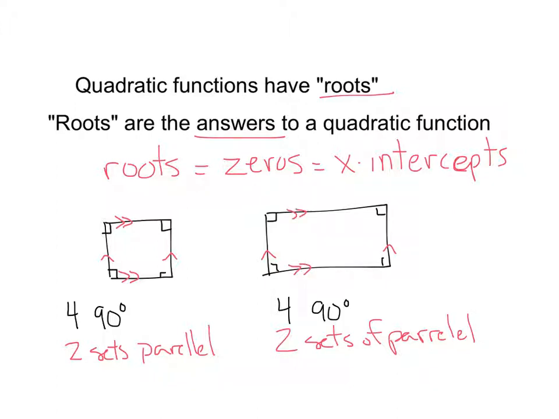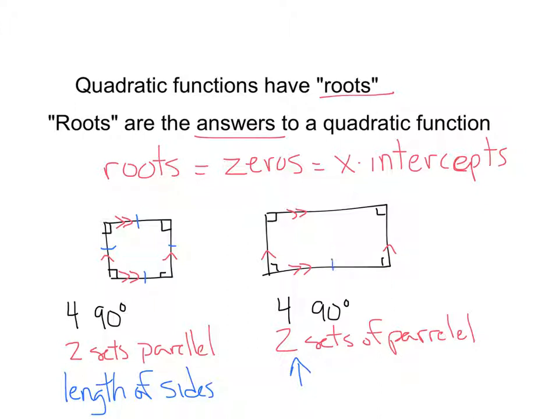And that's pretty good. Finally, a square has the length of all the sides the same. So this side, this side, this side, and this side are exactly the same. For a rectangle, only each of the two sets has to be the same.